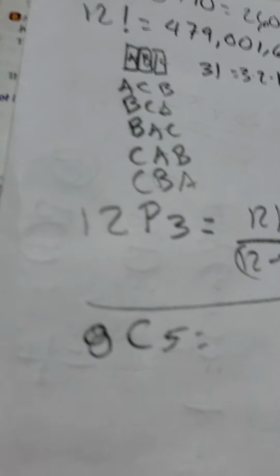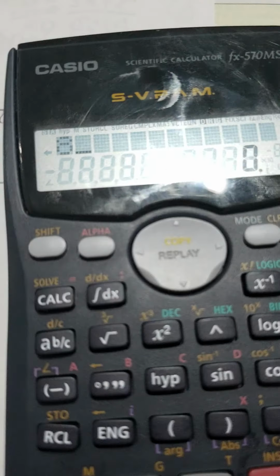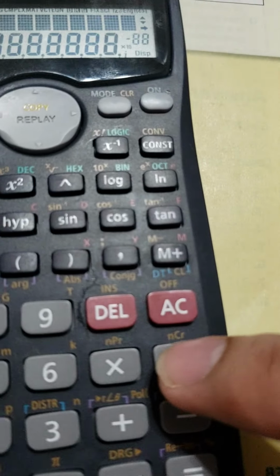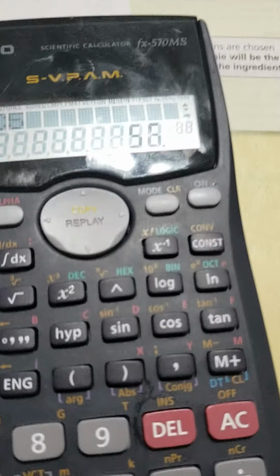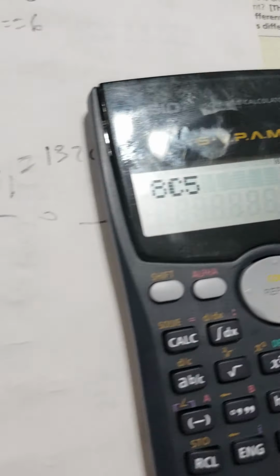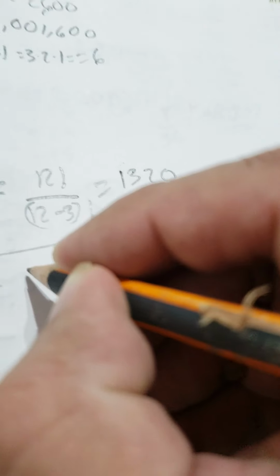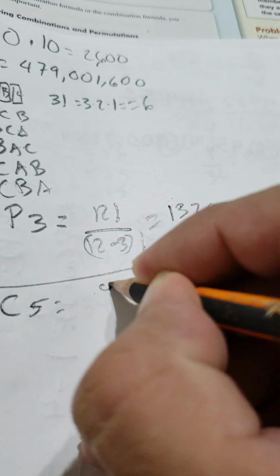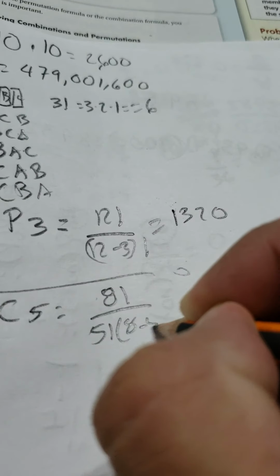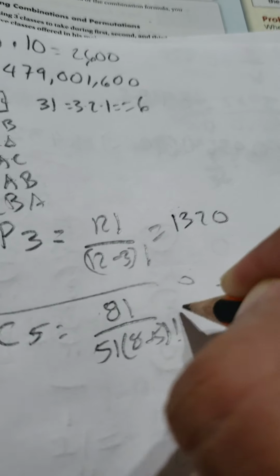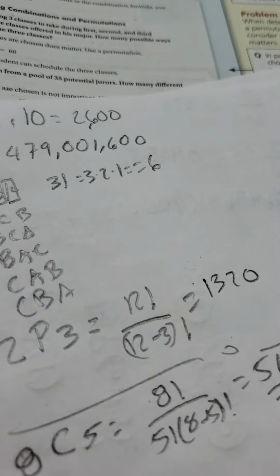Now here it will be 8, this key, and 5. And the answer is 56. If we have to write the formula, it will be 8 factorial divided by 5 factorial times 8 minus 5 factorial, which is equal to 56. That is the final result.